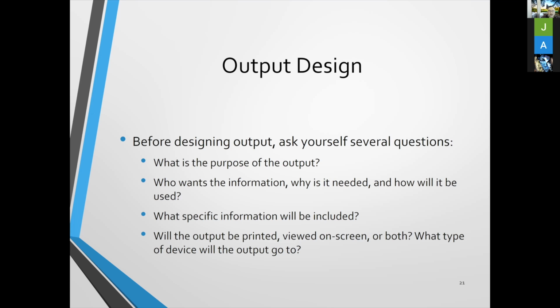What type of device will the output go to? Will it go on screen, on both screens and speakers, or will the output be on printers? Some of the output will also be displayed or played through the speakers.